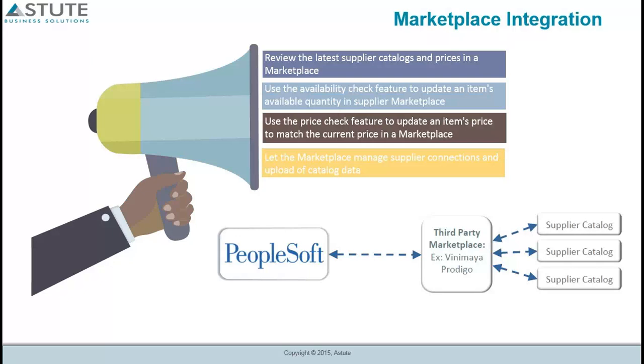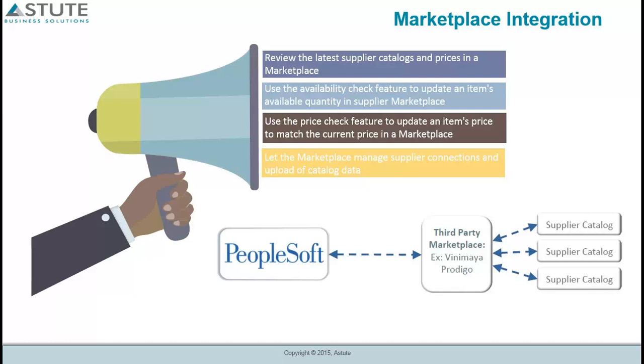So these catalogs are then generally downloaded by the buyers into their ePro system, and they're popular. There are already very popular marketplace suppliers, Winnemaya and Prodigo for healthcare, very commonly used marketplaces. The marketplace does enable you to review and load the latest catalogs and prices.